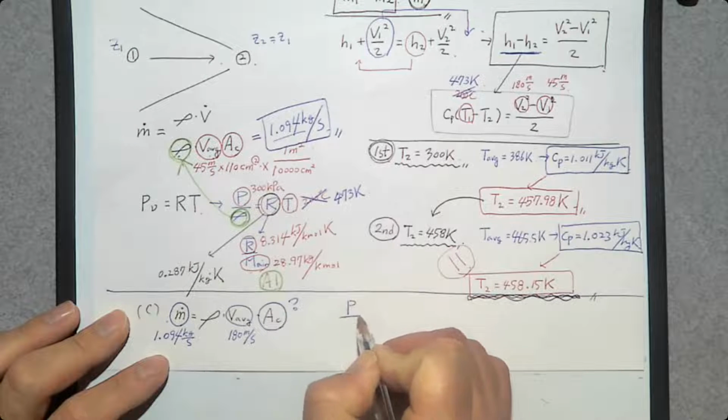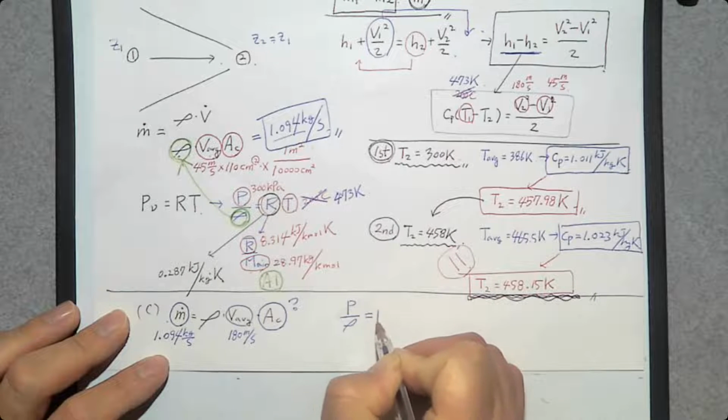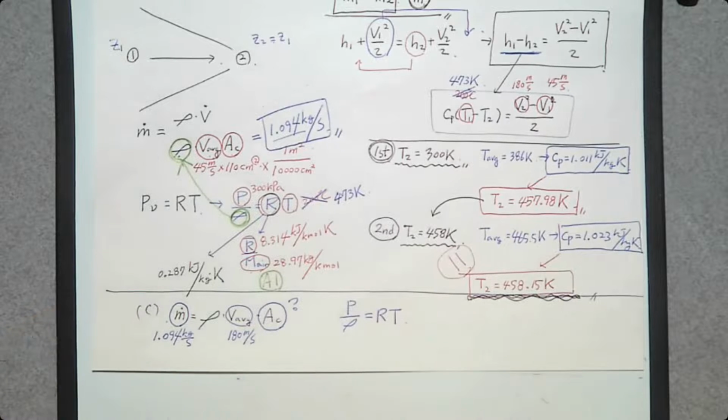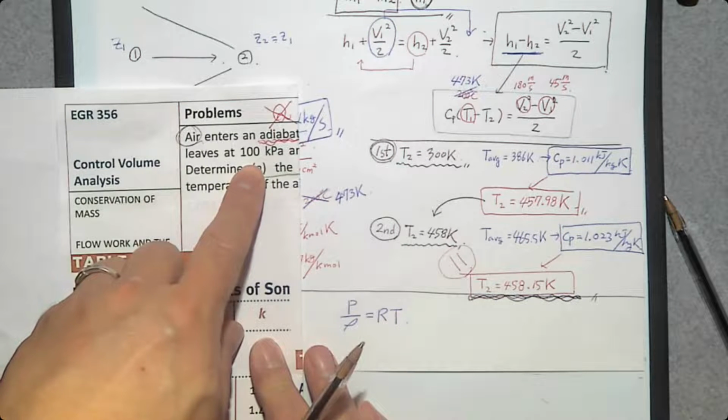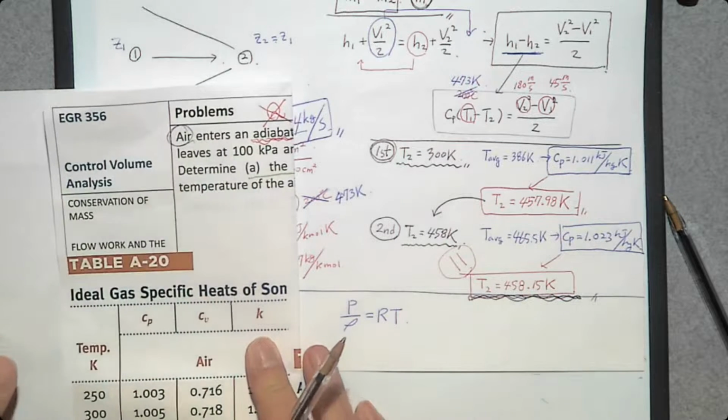P over rho is RT, but this time at the exit. What is the exit pressure? 100 kilopascal is exit pressure.